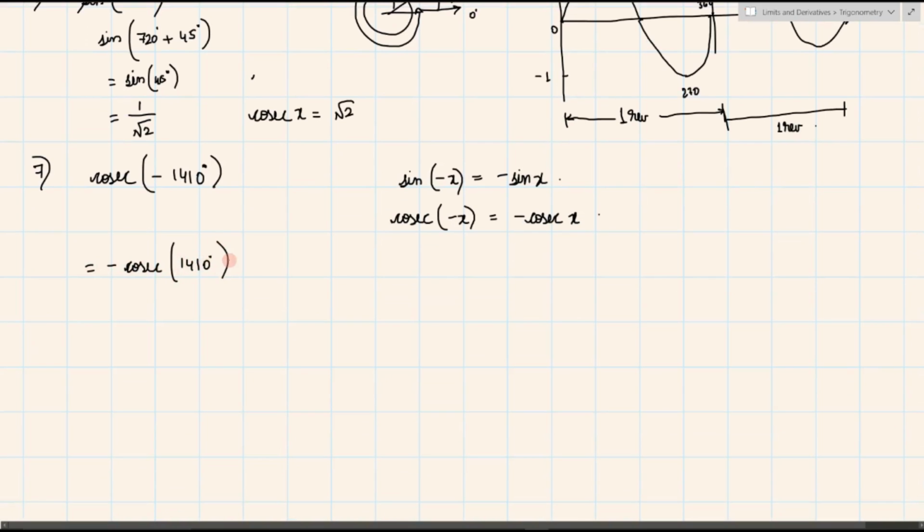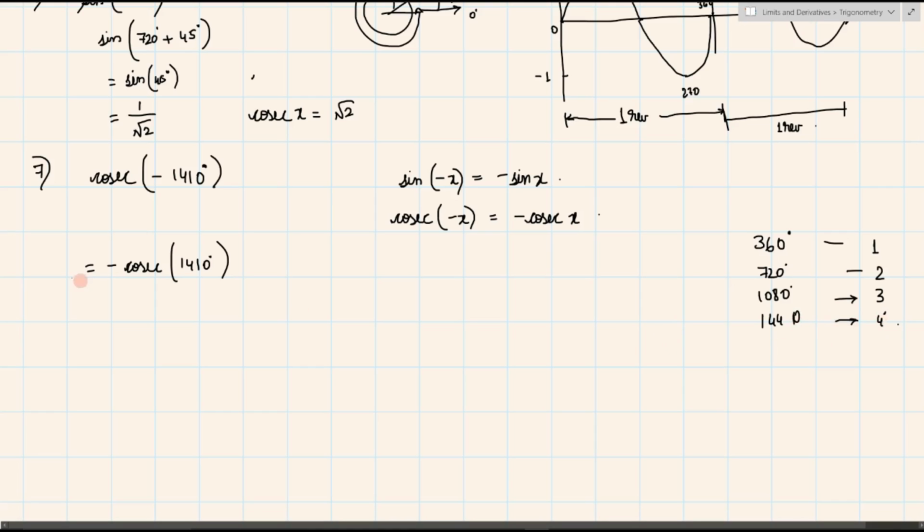1410 degrees. If we complete 1 revolution, we'll be traversing 360 degrees, 720 degrees for 2 revolutions, again plus 360 degrees, 1080 degrees for 3 revolutions, and 1440 for 4 revolutions.